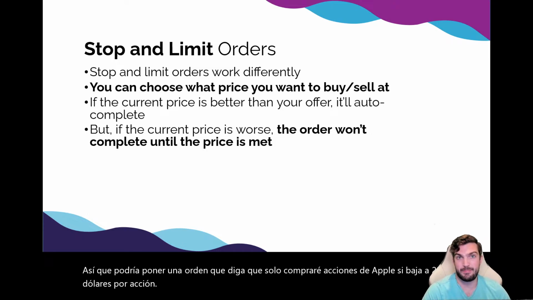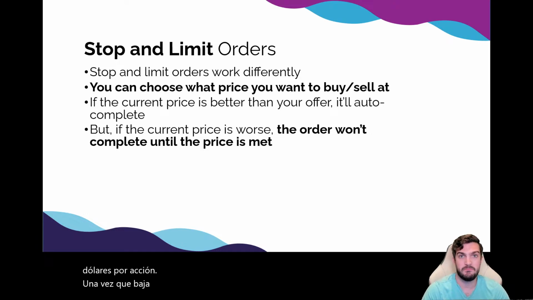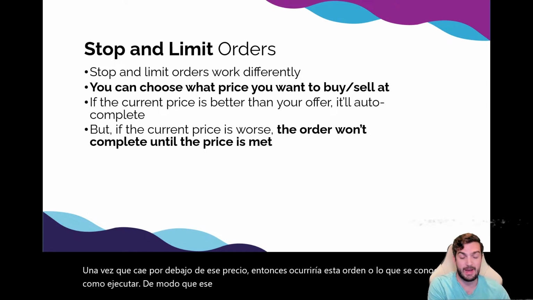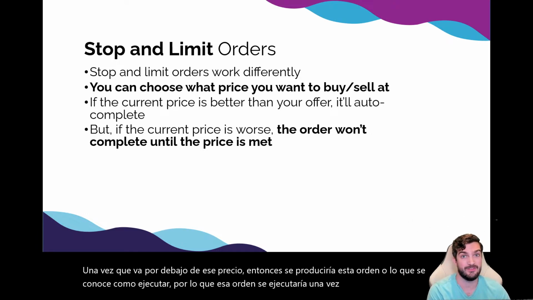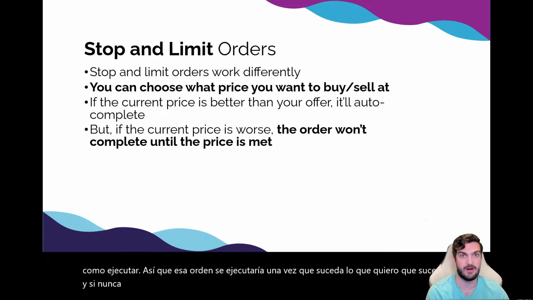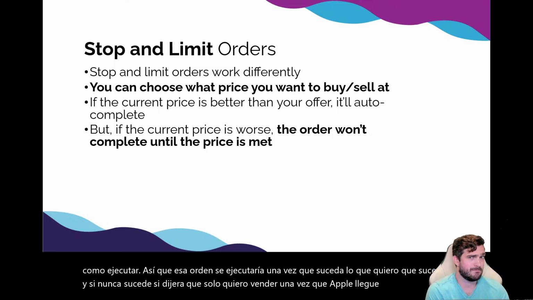Once it goes below that price, then this order would happen, or what is known as execute. So that order would be executed once what I want to happen happens. And if it never happens, if I said that I only want to sell once Apple hits $1,000, well, at least I can pass the order on to my grandkids, right?